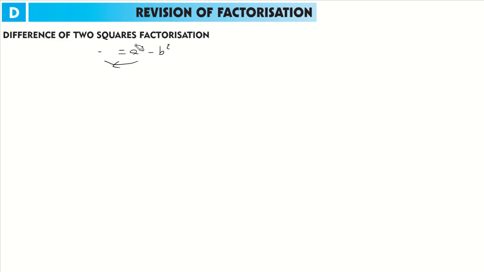So that gives us a squared minus b squared is equal to a plus b times a minus b. And that's how you write it down as a product of its factors.